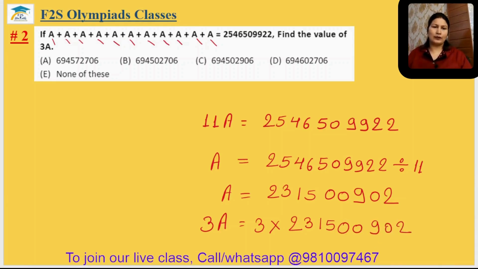If we multiply it with 3, we will get 6945, 706. Option B. So the second answer is option B.